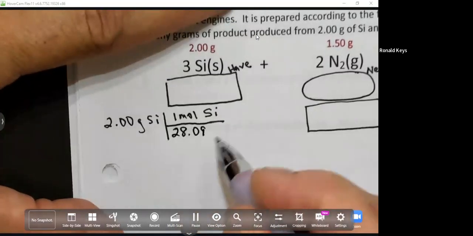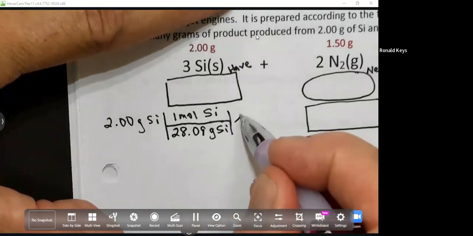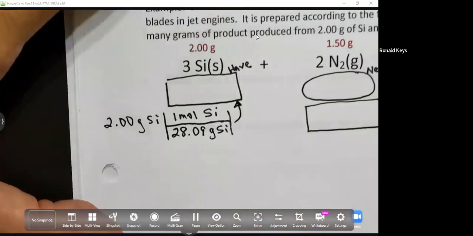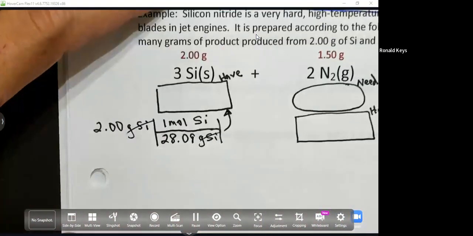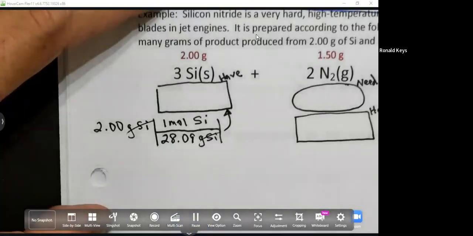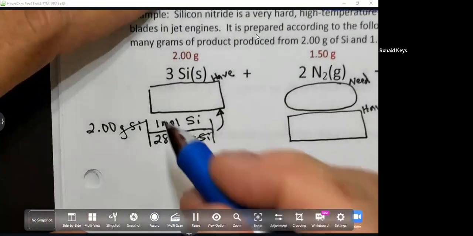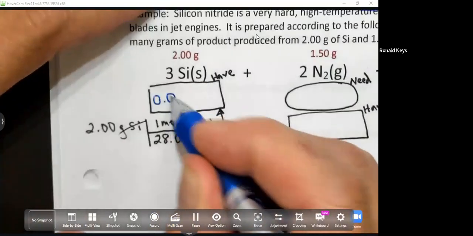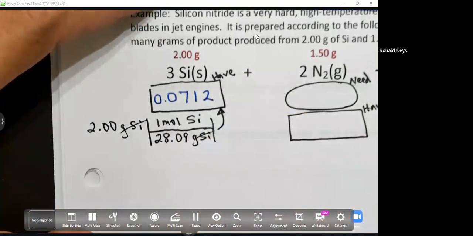So we've got 28.09 grams of silicon in a mole. There's my starting moles. Sig figs, starting out with 2 sig figs here. Excuse me, 2 sig figs, 3 sig figs. 0.0712 moles, I think I'm starting out with.